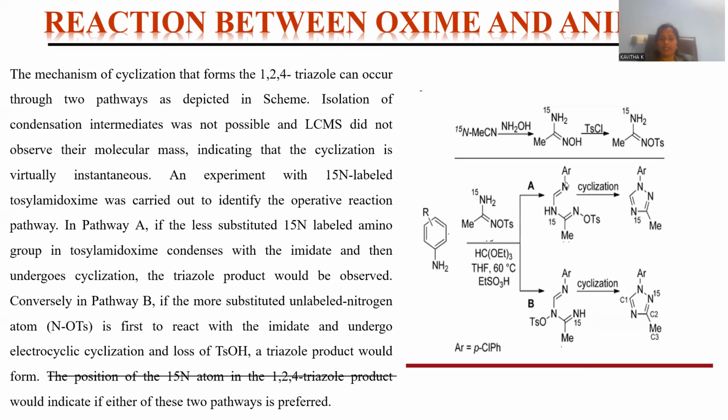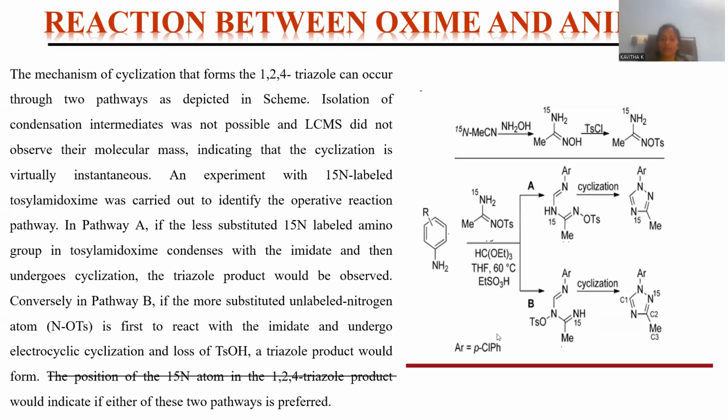In between these two nitrogens, the carbon that is generated comes from the triethoxymethane carbon, which is responsible for this new carbon linkage, and the labeled nitrogen is indicated over here. So in order to understand the mechanism, isotopic labeling plays a vital role. That's the reason why this nitrogen, this carbon atom and this amine nitrogen together react in such a fashion, giving rise to the triazole by the cyclization mechanism.